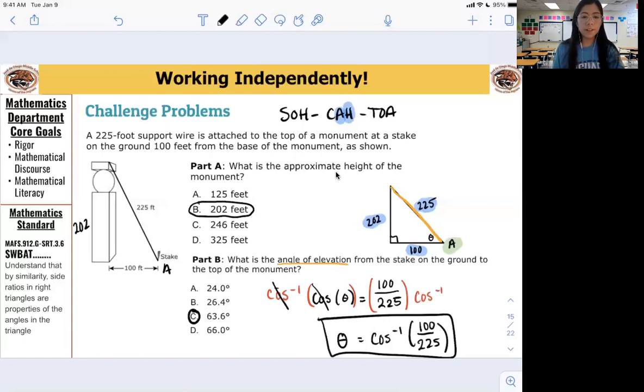So if you're not getting 63.6, I need to make sure that you know how to do it on your calculator. So does anybody, this is the last chance, does anybody need me to show it one more time? Okay. I'm going to call everybody else back, and then we'll go over a few more problems, and that'll be it.